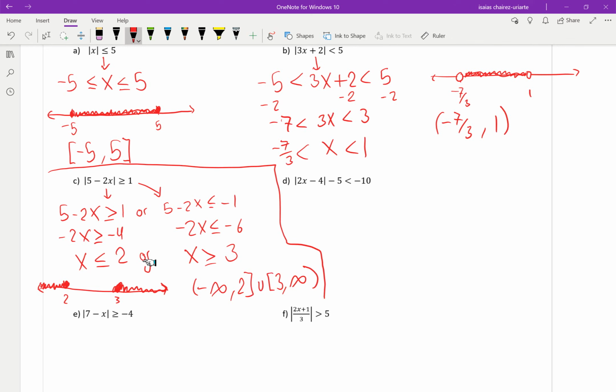This next one, let's solve it. I'm going to add 5 to both sides. Okay, if I add 5 to both sides, I end up with this inequality. Absolute value of 2x minus 4 is less than negative 5. Now here we get into a situation again where things are gonna get tricky.